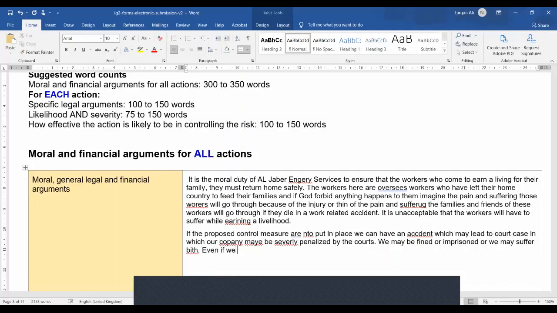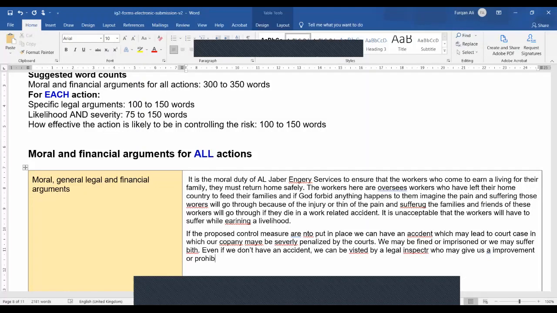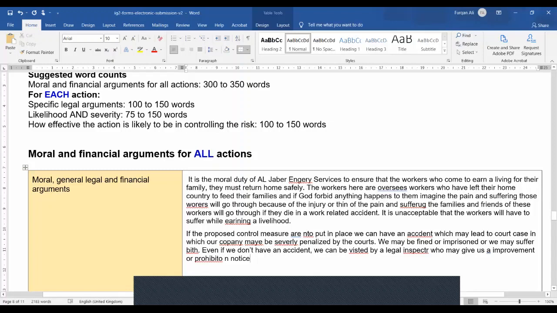Even if we don't have an accident, we can be visited by a legal inspector who may give us an improvement or prohibition notice, or he might even take us for prosecution.